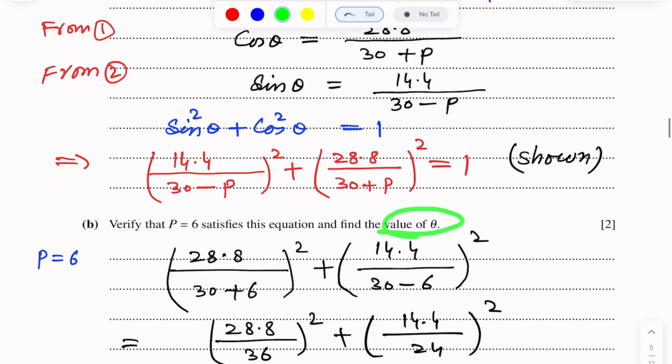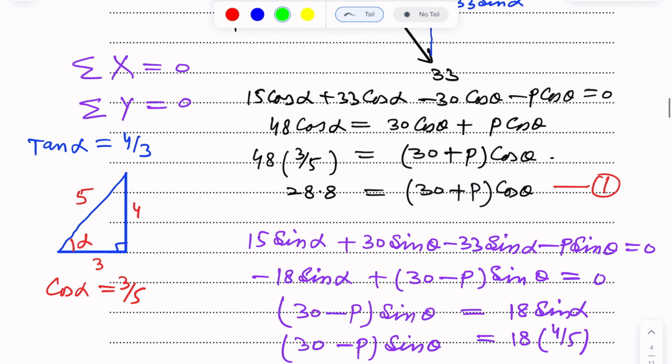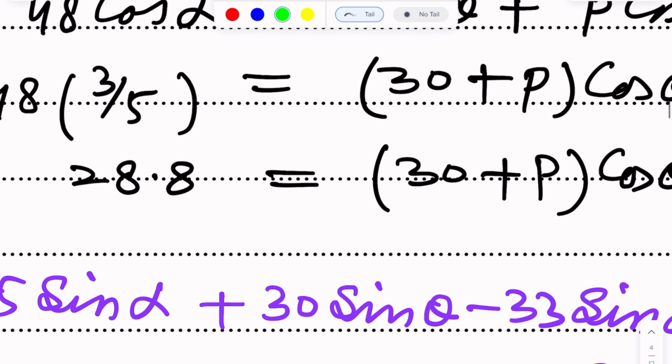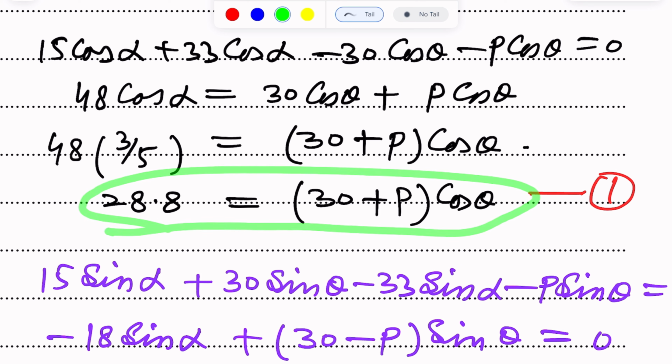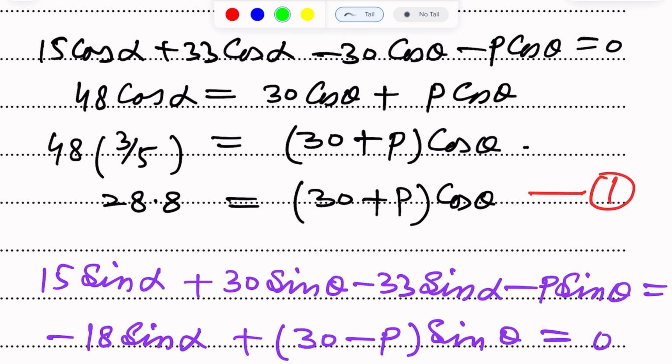Now also we have to find the value of theta. From equation number 1, you can also use equation number 2 as well. Putting here the value of p, we can find the value of cos theta.